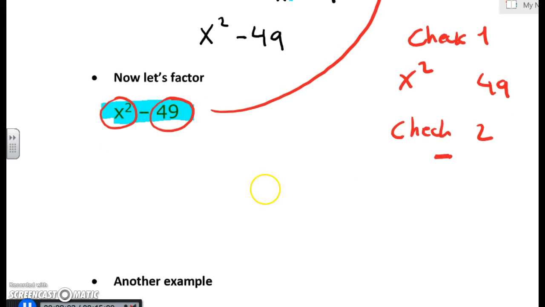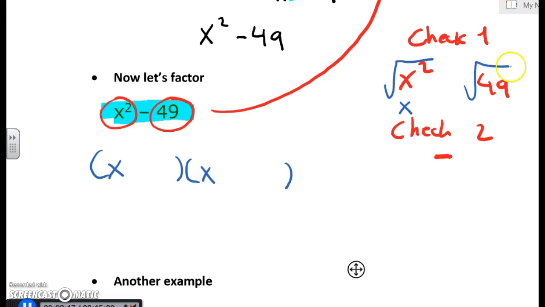Okay, if that is the case, and you give yourself 2 check marks there, then you can go ahead and do, again, a bracket, and take the square root of the first term, which is the square root of x squared to get x, the square root of 49 to get 7. But here is the only difference from the perfect square trinomials above, is that the signs are going to be different.